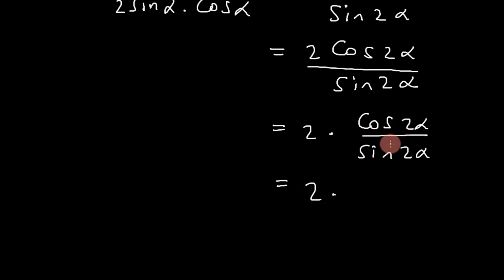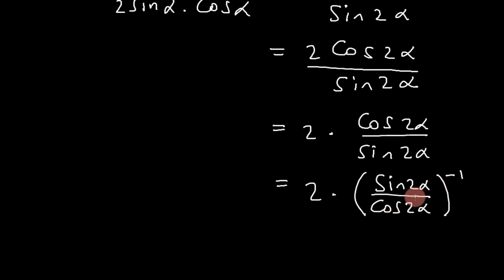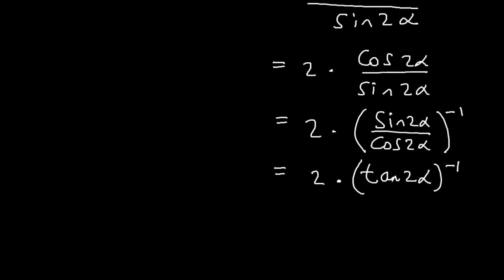Now, bearing that in mind, I'm going to write cos 2 alpha over sine 2 alpha as sine 2 alpha over cos 2 alpha all to the negative 1. Now, sine 2 alpha over cos 2 alpha, of course, is tan 2 alpha. This is using the quotient identity. So it's tan 2 alpha to the negative 1.